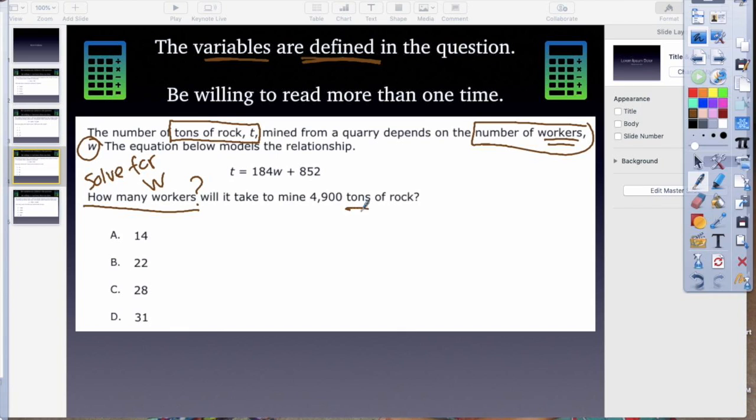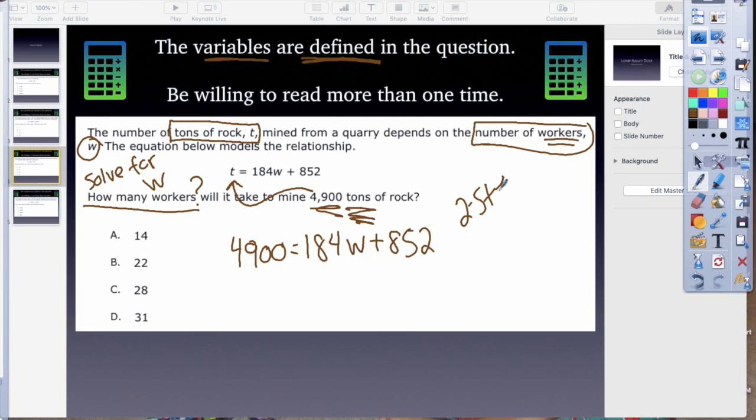So they tell us 4,900 tons of rock. That will go in for T, the tons. So 4,900, excuse me. I might have been saying 4,000, but I mean 4,900 equals 184W plus 852. Again, all we did was substitute the number they gave us for T. And it's a two-step equation yet again.